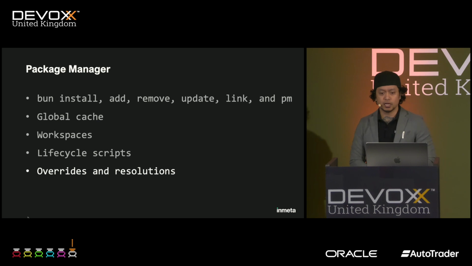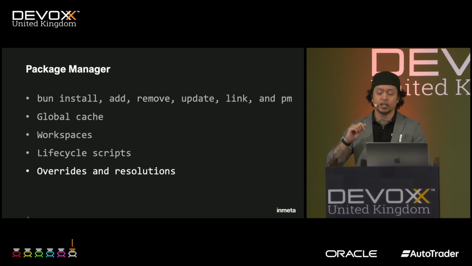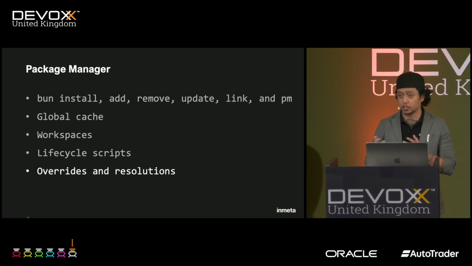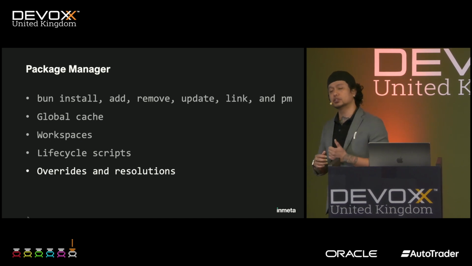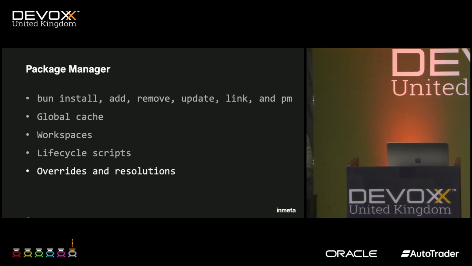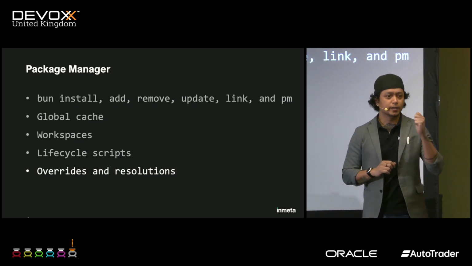So Bun also has npm's overrides or yarn's resolutions in package.json, for specifying a version range for meta dependencies, or the dependencies of your dependencies. A good example of this is what we encountered last week. There's a problem with, which library was that again?